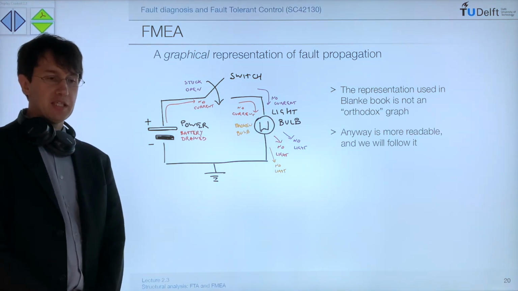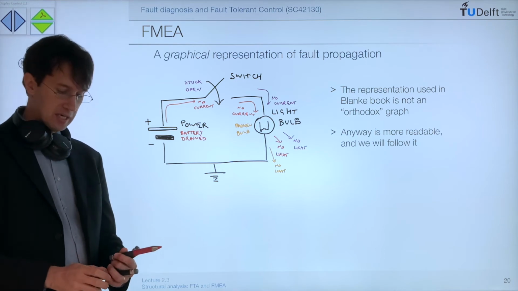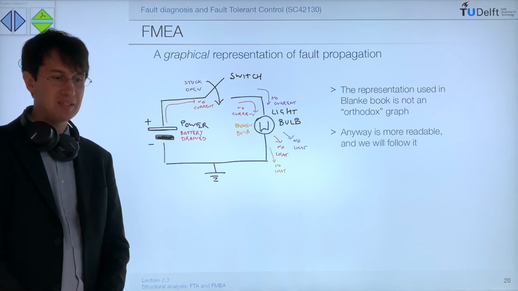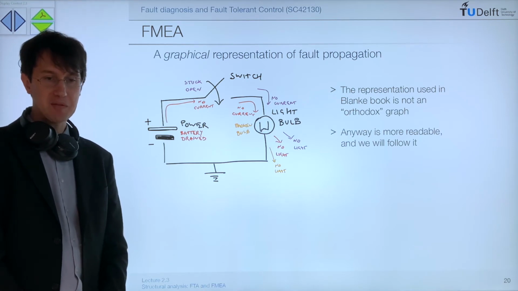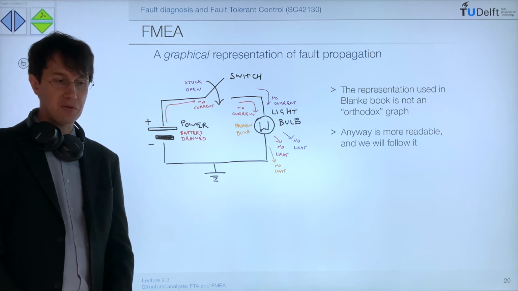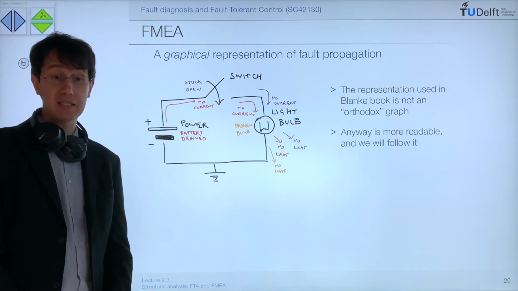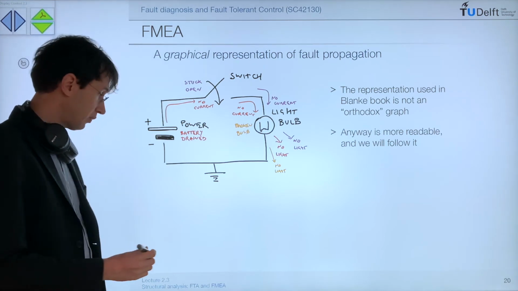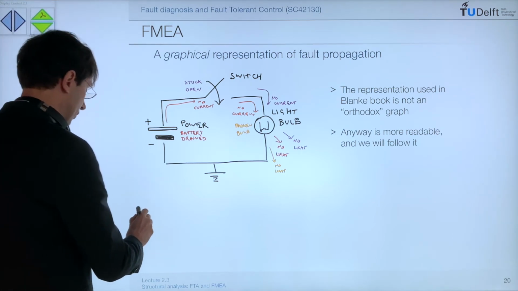In this representation, we have one box, one block for every component. And this block is divided into two sections, one for local faults and one for effects that are propagated. For instance, in this case, we have a first block for the power.